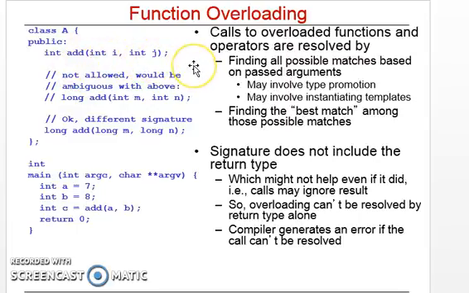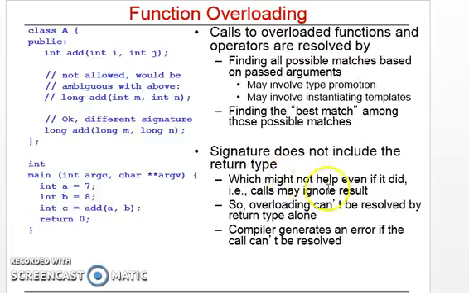So calls to the overloaded functions and operators are resolved by finding all possible matches based on the passed arguments. It may involve type promotion also, and may involve instantiating templates. Finding the best match among those possible matches is what happens, and the signature does not include the return type.